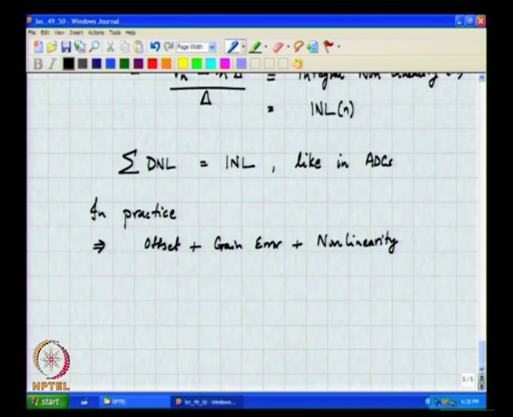So, if you want to find the DNL and INL of a converter, what should you do first?